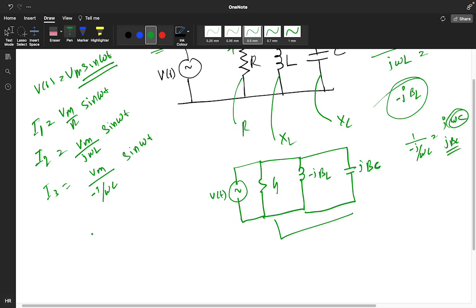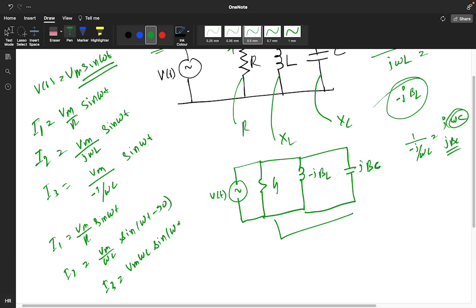So if you convert this, you are getting I1 equals Vm by R sine omega t. I2 you are getting Vm by omega L sine omega t minus 90 degree. And I3 you are getting Vm omega C sine omega t plus 90 degree. This will go upside, it will become plus 90 degree.